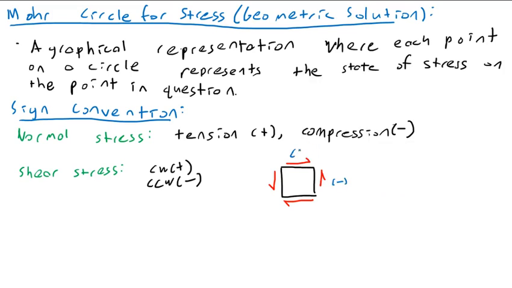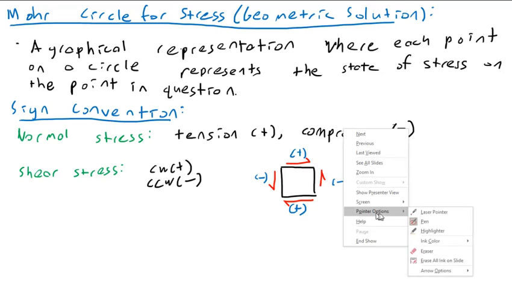This one will be positive because it's clockwise, and so on and so forth. Okay. Note, this is only the sign convention for plotting on Mohr's circle.